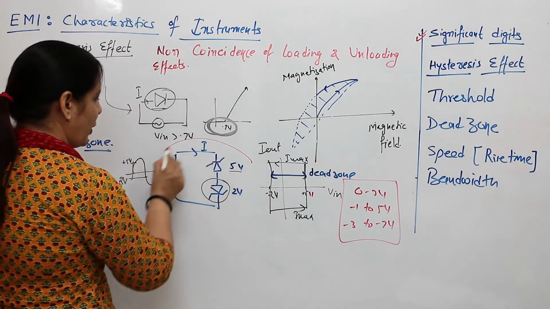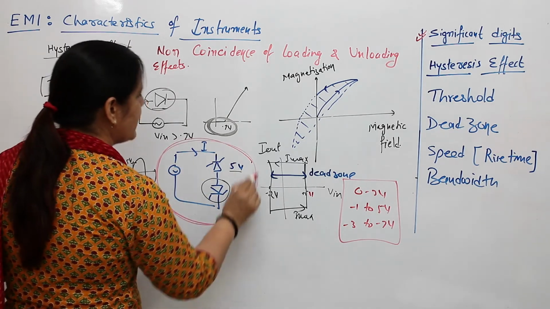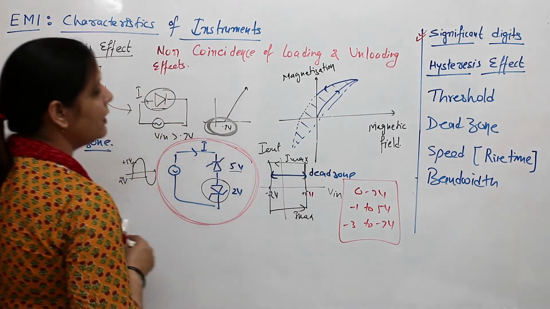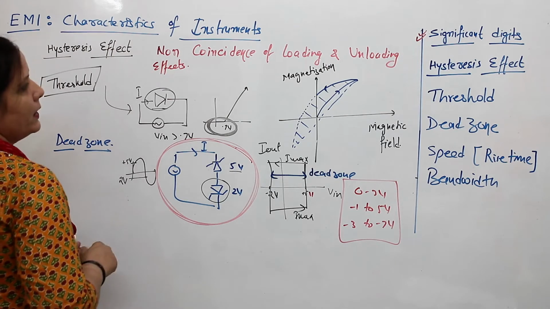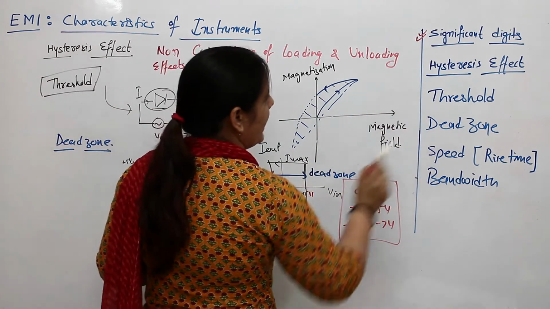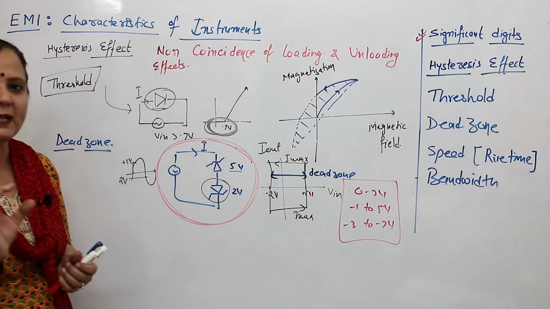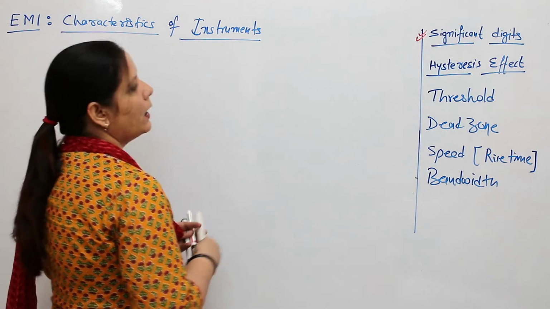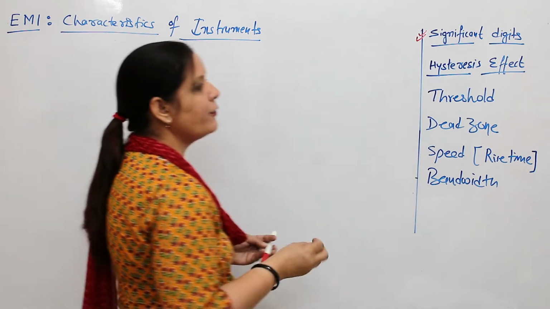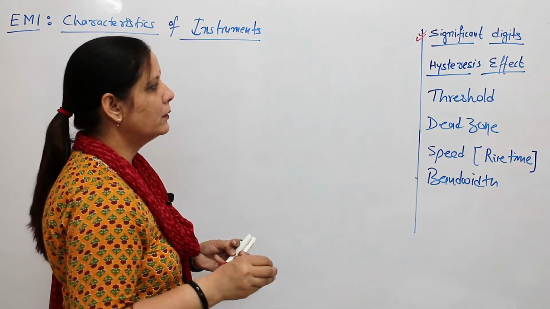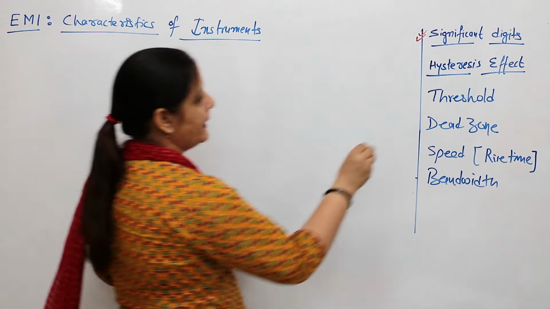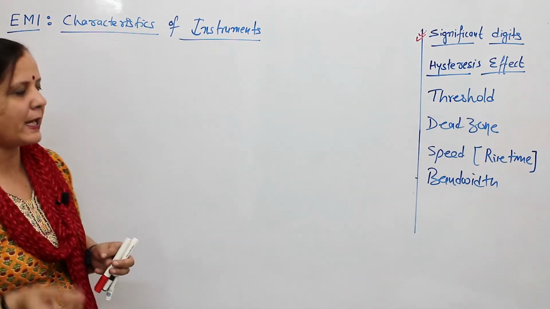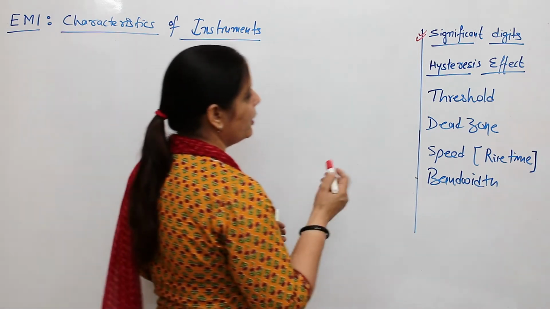This kind of problem is frequently asked in objective questions, so I explained this phenomenon in a bit of detail. Threshold and dead zone are very similar, so be careful when understanding them. Threshold is because of initial limitations of the measuring unit, and dead zone can vary according to the circuit parameters or design parameters of your measuring unit.